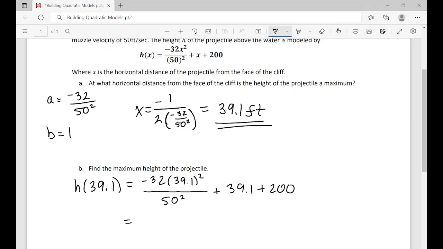And just like with the other one, be careful with simplifying because there's a lot going on here. But when you plug it all in and work it out, you should get 219.5 feet. So what is the maximum height of the projectile? 219.5 feet high and 39.1 feet away from the cliff face.